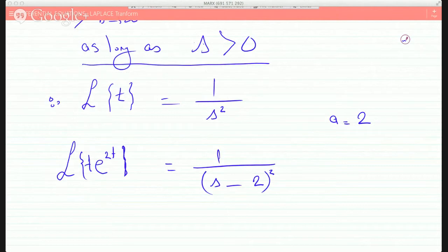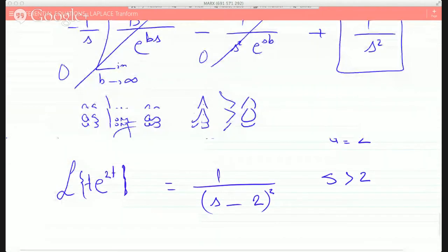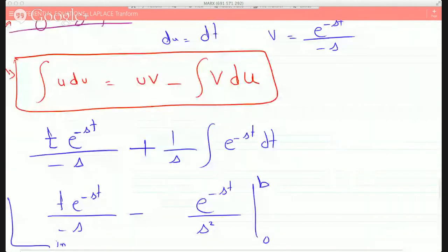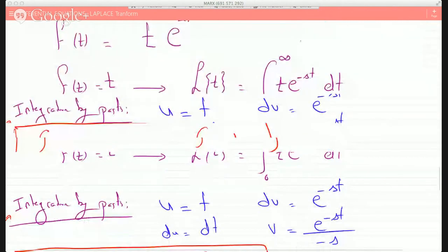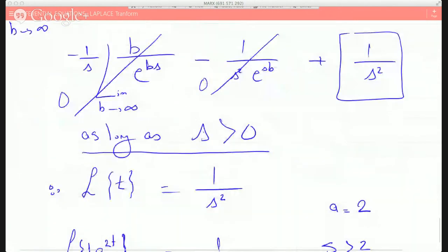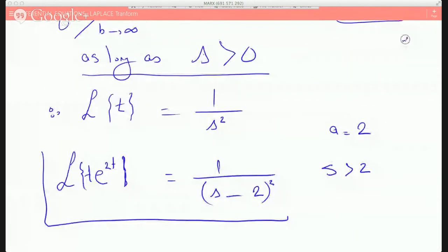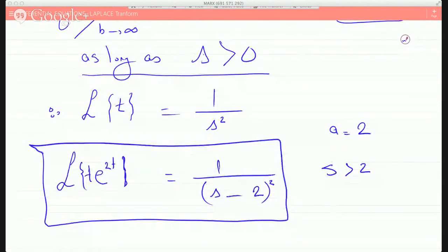And instead of s being greater than 0 for the domain, s has to be greater than 2. That's why we stated in the theorem in green that it has to be greater than alpha plus a. So 0 plus 2 is 2. So this enables us to find the Laplace of this. That's how you use this. This is a fairly important theorem.